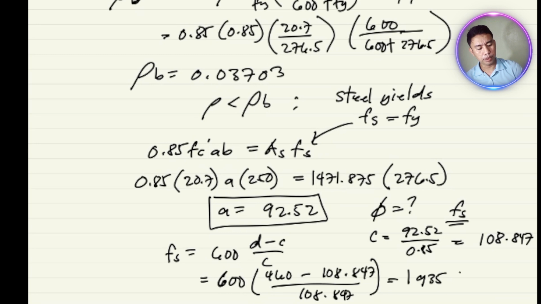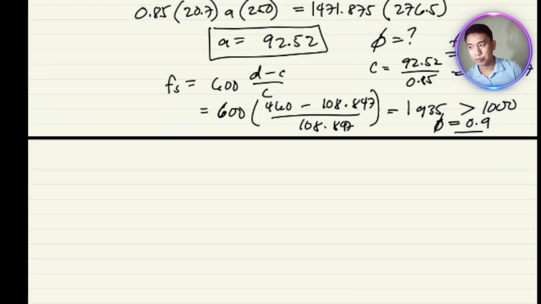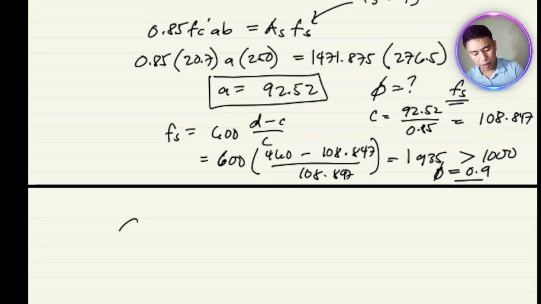So, this is greater than 1,000. Right? This is our baseline, 1,000. So, if greater than 1,000, that means phi is equal to 0.9. If not, if less than 1,000, we'll use the formula for phi. This one is clearly tension controlled.